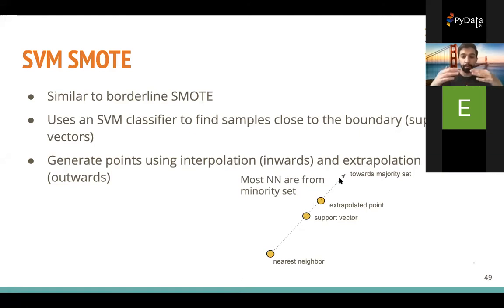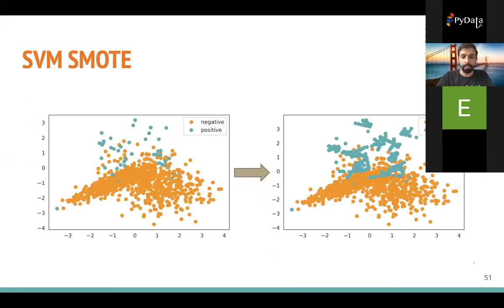We try to push the boundary. But usually the extrapolated point is closer to the minority set than it is to the majority set. So this is what it looks like. Support vector machines usually fix boundaries around the set. So it adds points in the boundaries here, but also adds points here along the edges of the minority set.